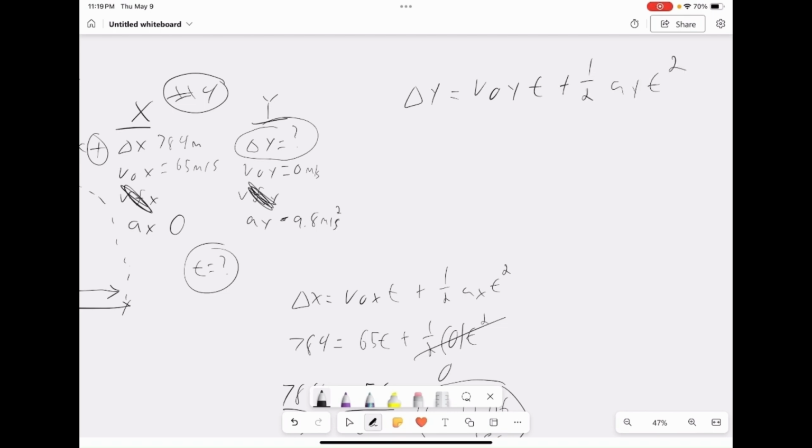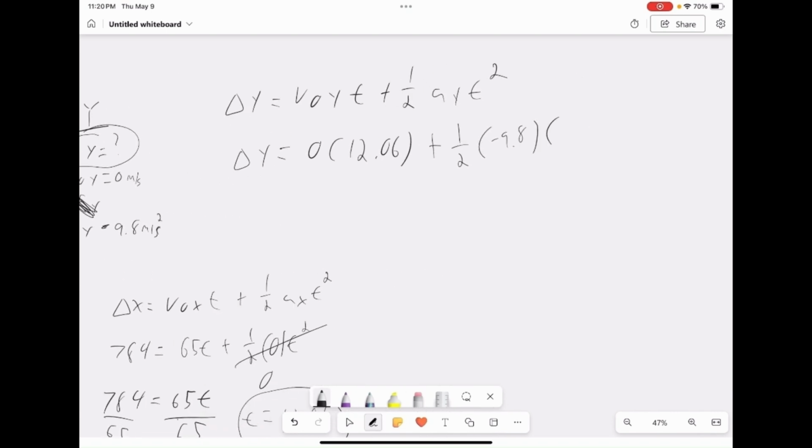So that's going to be delta y is 0 times 12.06 plus 1/2 times negative 9.8 times 12.06 squared. Okay, 0 times 12.06 is going to be 0, plus half of 9.8 is negative 4.9. 12.06 squared is going to be a little bit over 144, 145.44.